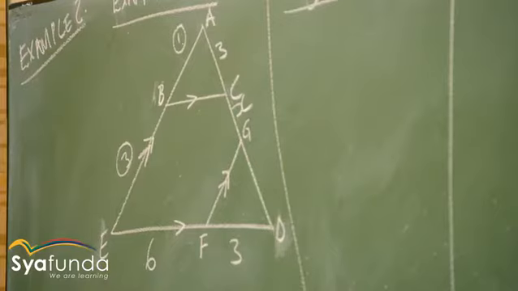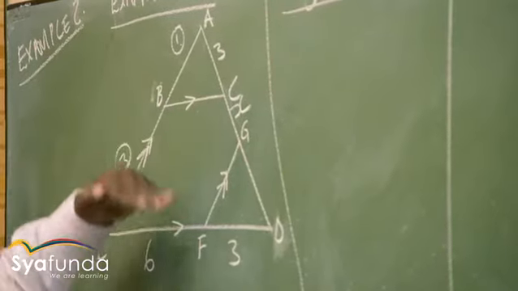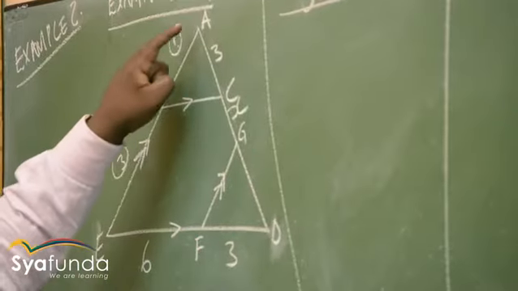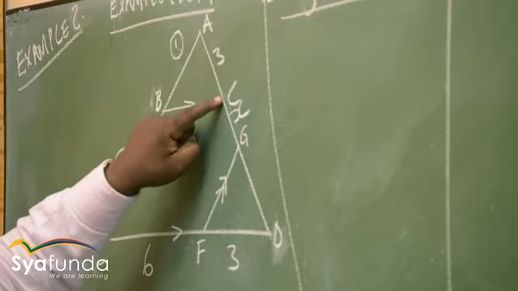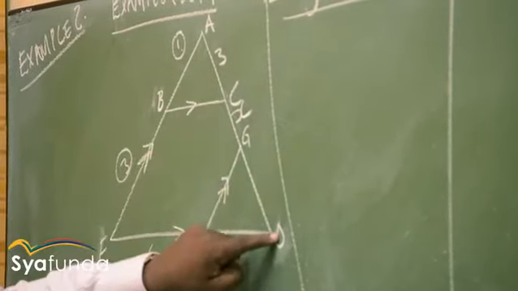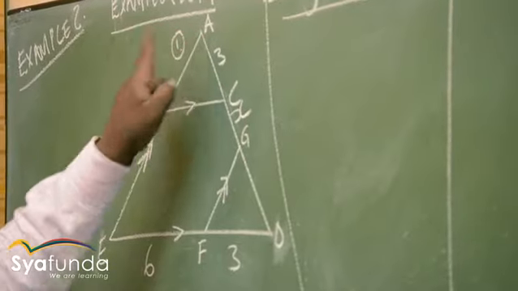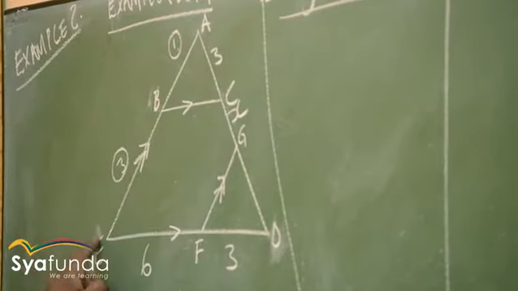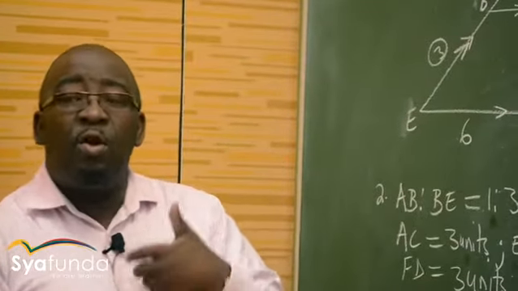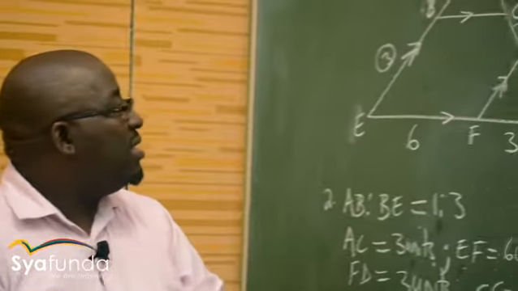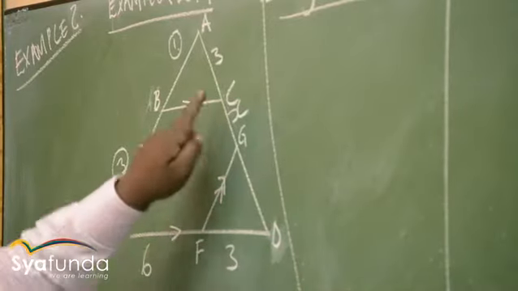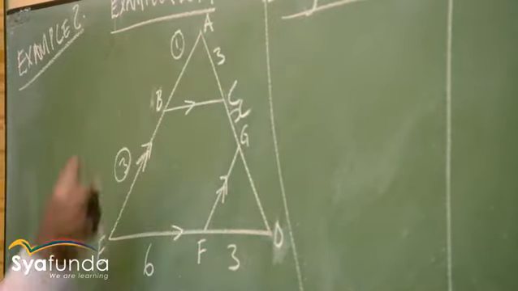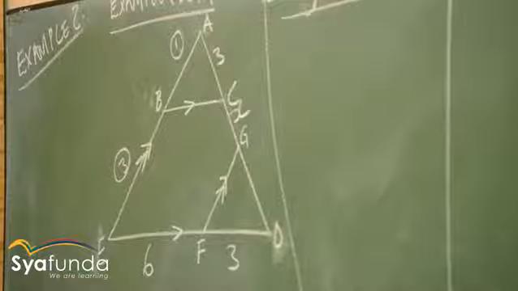Since these 2 lines are parallel, we can simply say that AC over CD is equal to AB over BE. It's the side over the other side equal to this side over that side.